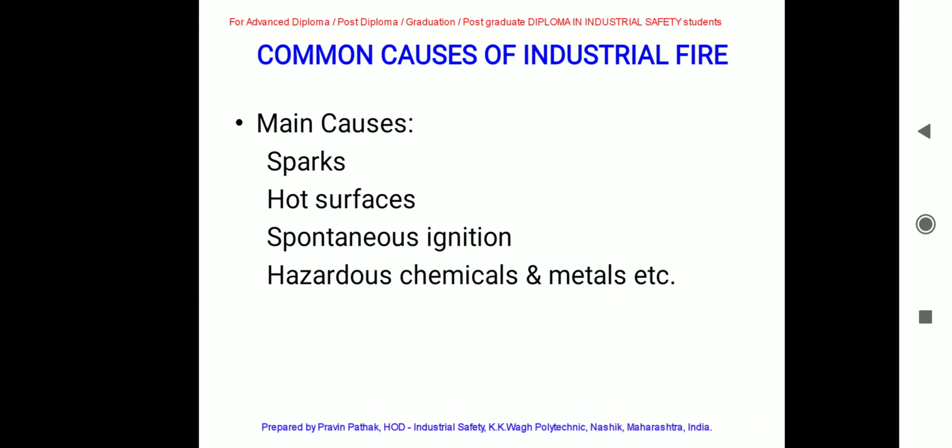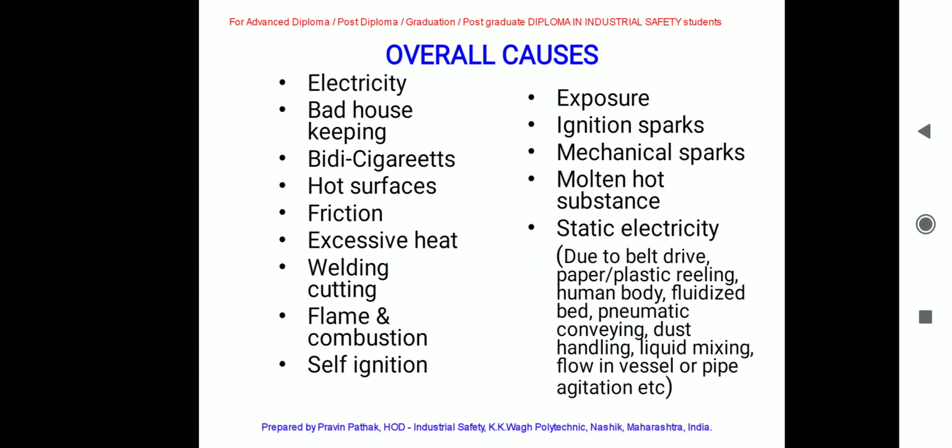Now there are some common causes of industrial fire. We already discussed spark, hot surfaces, spontaneous ignition, hazardous chemicals and metals. These are the common causes of industrial fire. And overall causes are electricity, bad housekeeping, bidi cigarettes, hot surfaces, friction, excessive heat, welding and cutting operations, flame and combustion, self ignition, exposure, ignition spark, mechanical spark, molten hot substances.